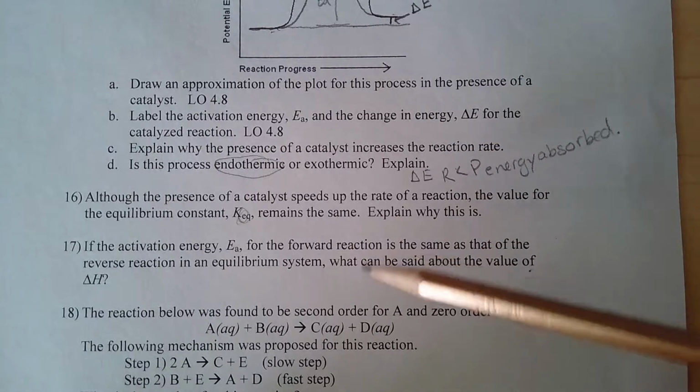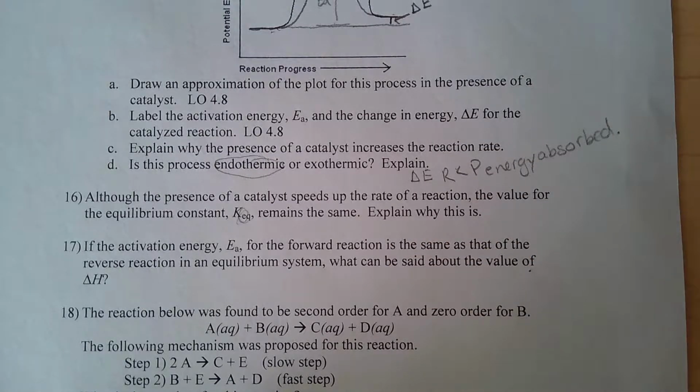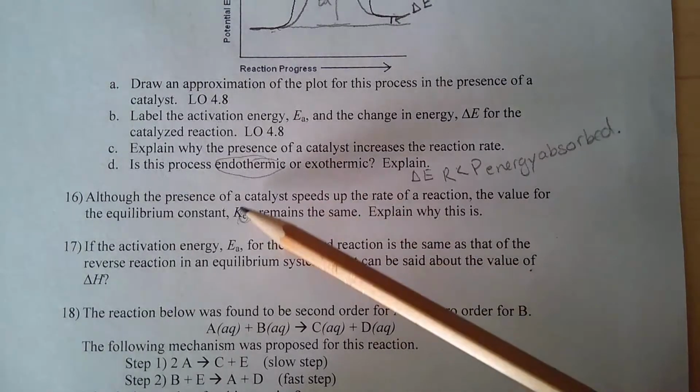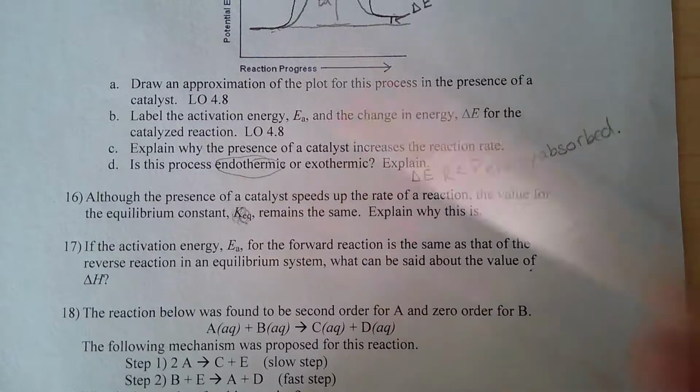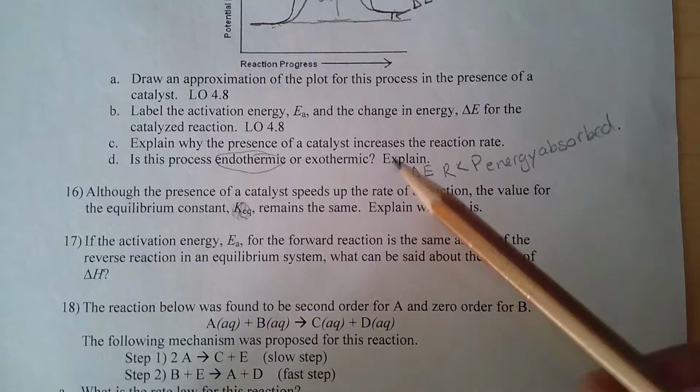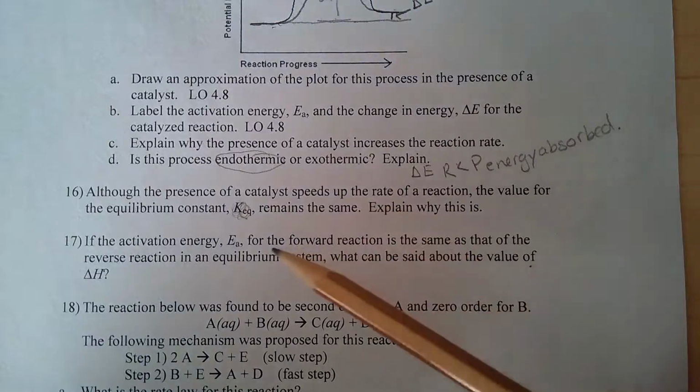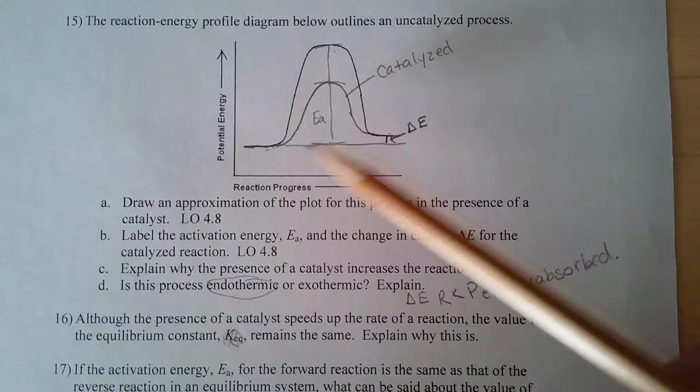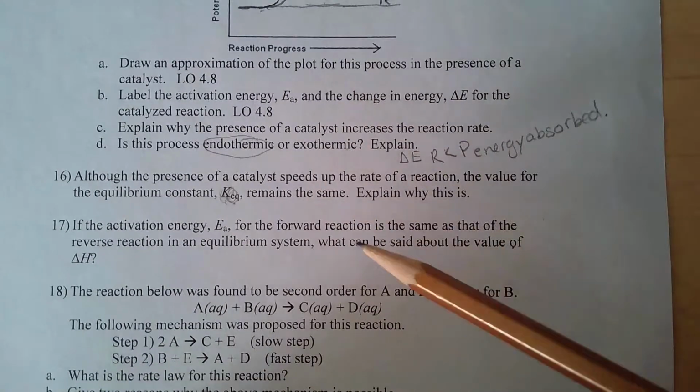So a catalyst lowers the activation energy for both forward and reverse processes, which increases the rate of the forward reaction and of the reverse reaction. So the presence of the catalyst will cause the system to move towards equilibrium faster, but the equilibrium position, which is KEQ, ends up being the same. Again, a catalyst changes the rate, but not the final product. Just as we saw up here, it changes how fast you get there, but it doesn't change anything about the final products.